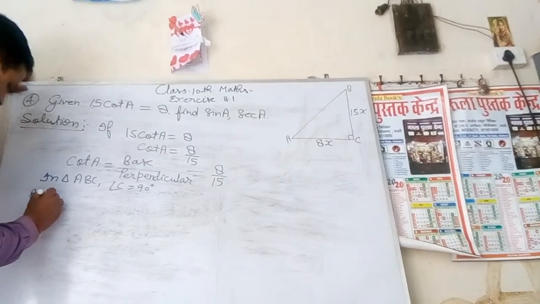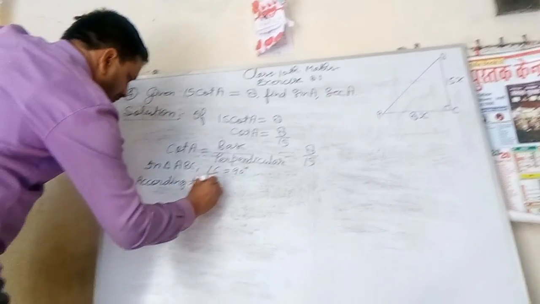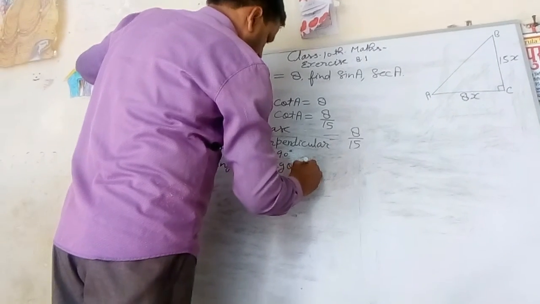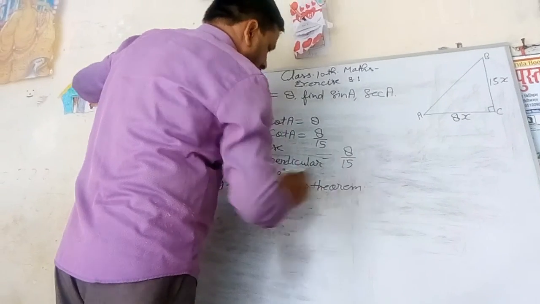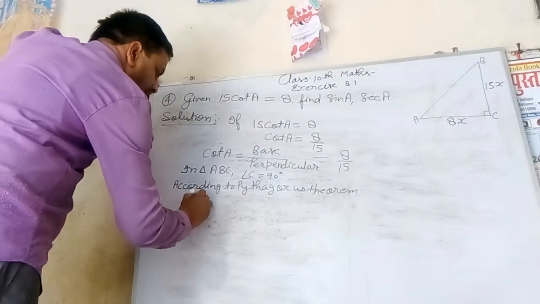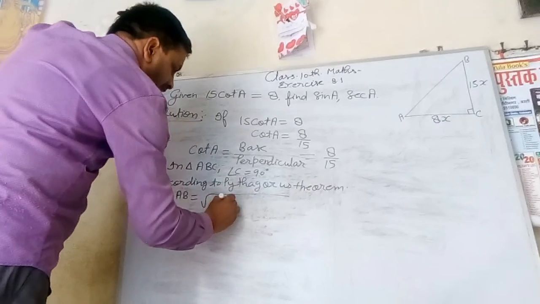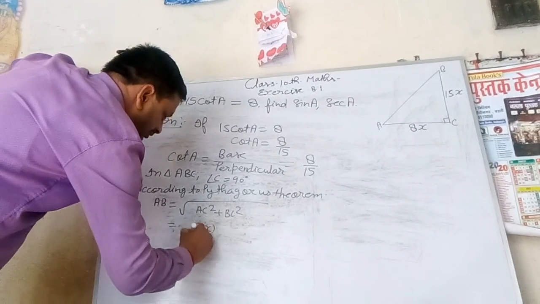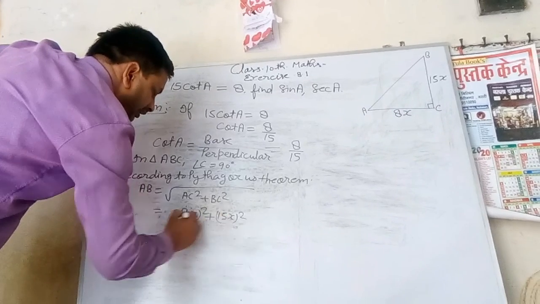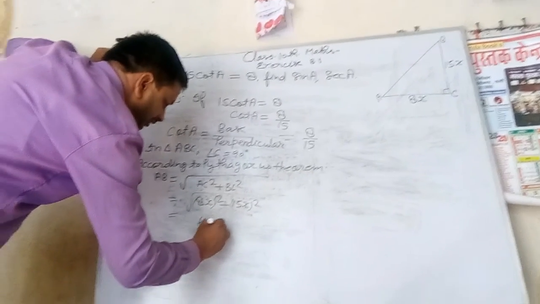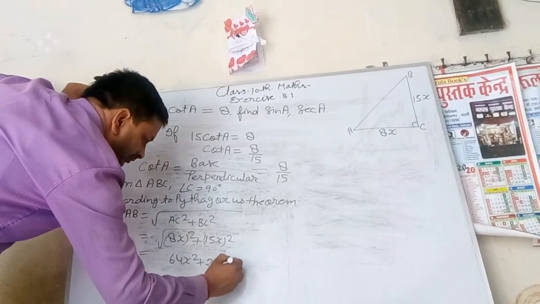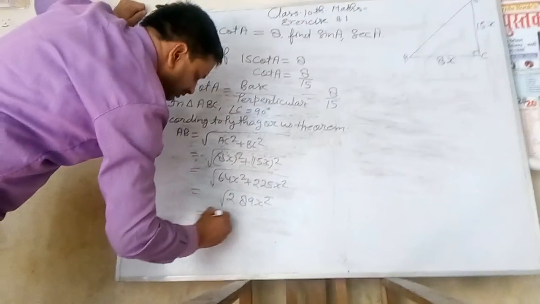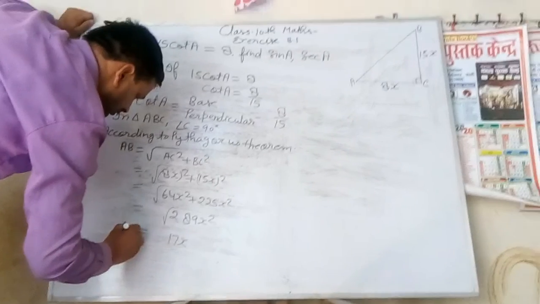According to Pythagoras theorem, hypotenuse AB equal to under root AC square plus BC square, means 8x square plus 15x square, 64x square plus 225x square, and it becomes 289x square, and 289 is the square of 17. So AB equal to 17x unit.